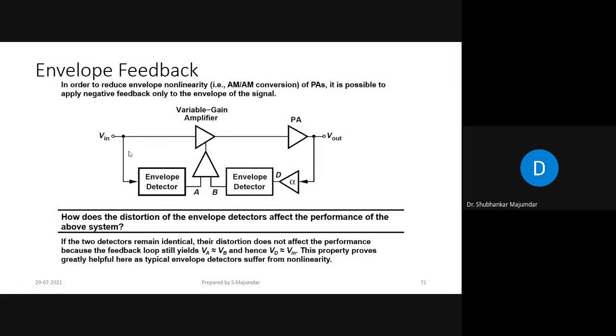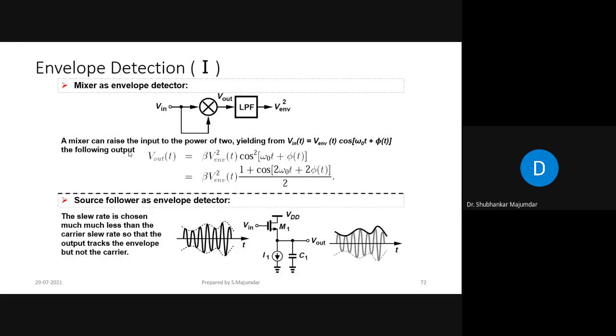Now then the envelope feedback. The envelope feedback tracks the AM-PM conversion of the power amplifier and then goes for the resultant result. Then envelope detection can be done by the mixer also. Then the mixer can be designed by the source follower circuit.